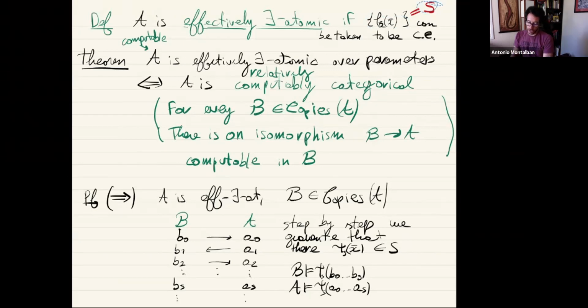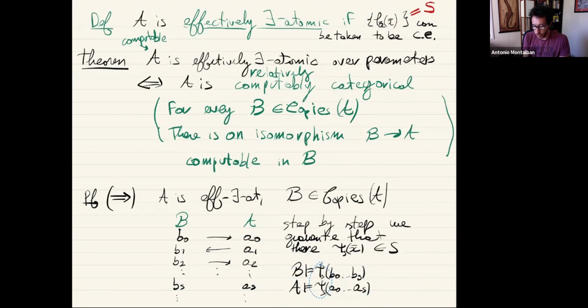Okay. So when we're doing this construction, we're guaranteeing that at every step, the things on the left satisfy the formula and the things on the right satisfy the same formula at every point, which guarantees that they are isomorphic so far.